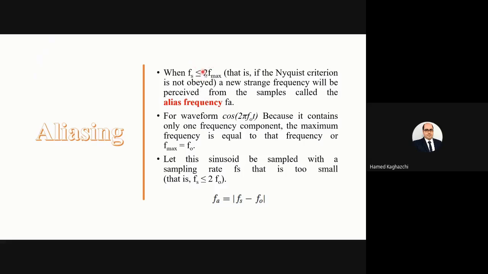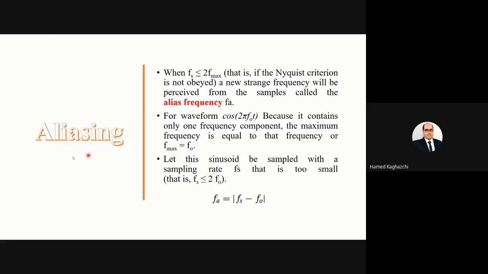What happens if I select my sampling rate like that? If the sampling rate is smaller than twice the maximum frequency, a new frequency will be perceived, which is called alias frequency.